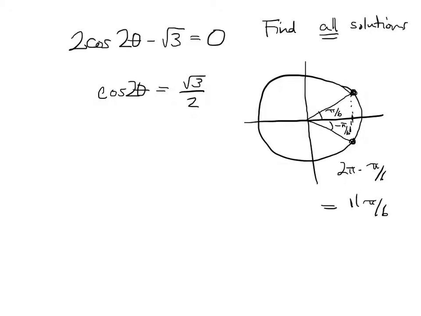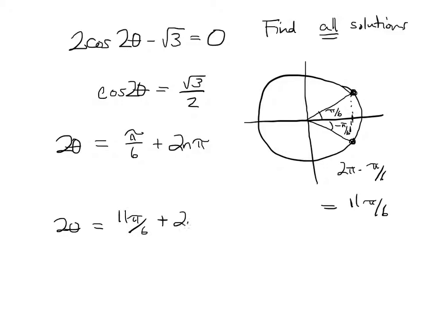So at this stage, we could say that 2 theta equals pi over 6 plus whatever multiple of 2 pi we like. 2 theta could also equal 11 pi over 6 plus whatever multiple of 2 pi that we like. Now, our goal is to solve for theta.